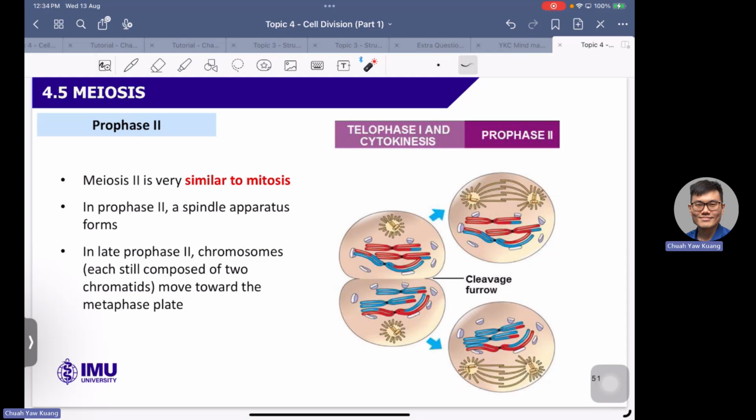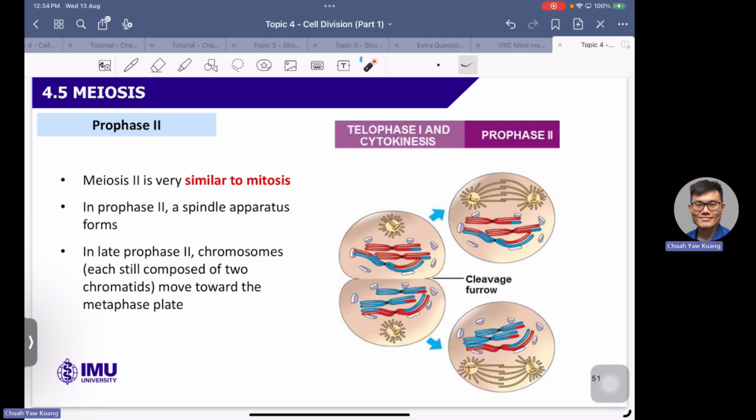All of these, meiosis 2, is exactly the same as mitosis. The terms that are used are exactly the same as mitosis. Okay, so that's why you can see here, in prophase 2, same thing. Chromatin starts to condense to become a chromosome.